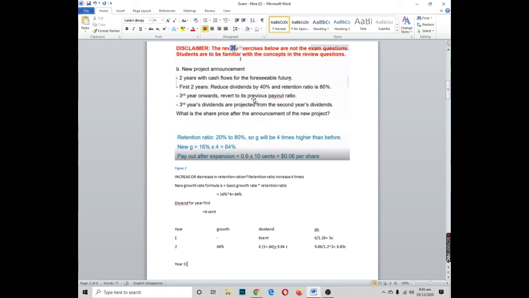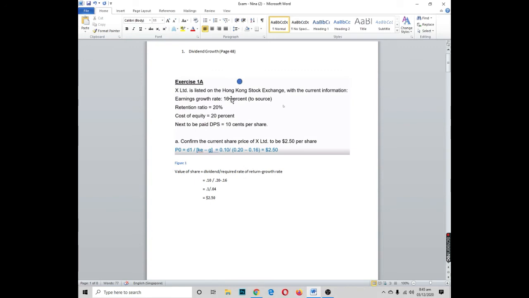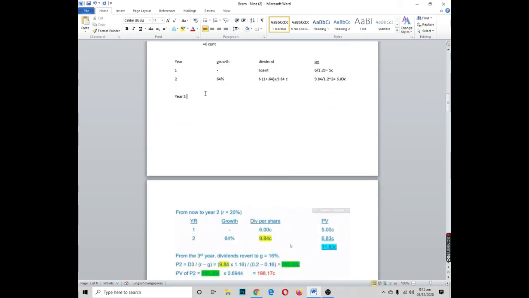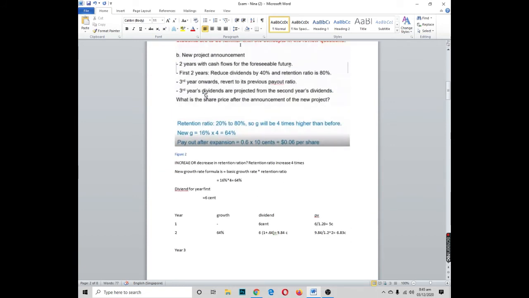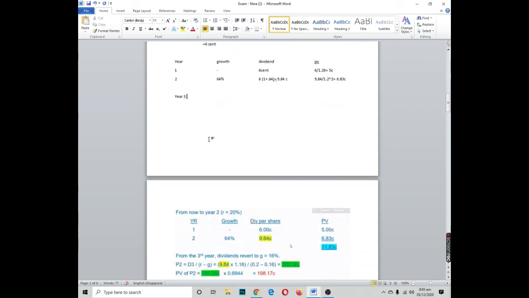Previous payout ratio means the growth rate will be 16%, not 64%. This is one point to remember. Second, the question also mentions that third year dividend is projected from the second year dividend.